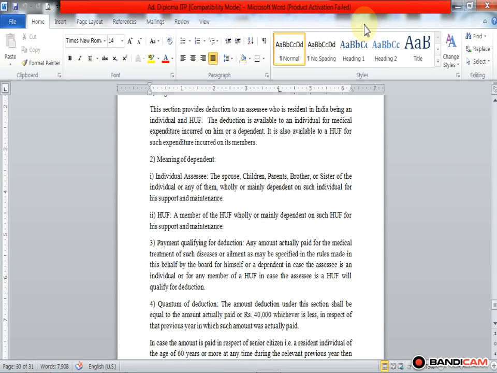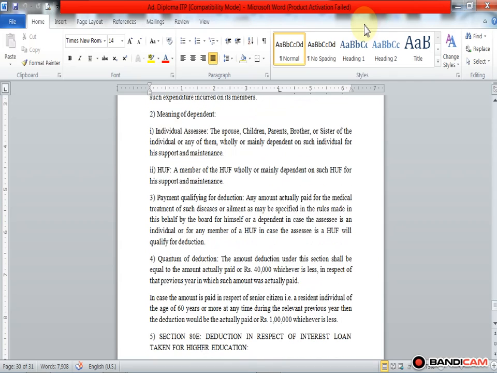Here the quantum of deduction is given to you. The amount of deduction under this section shall be equal to the amount actually paid or rupees 40,000, whichever is less. So, actual expenditure incurred on medical treatment or rupees 40,000.